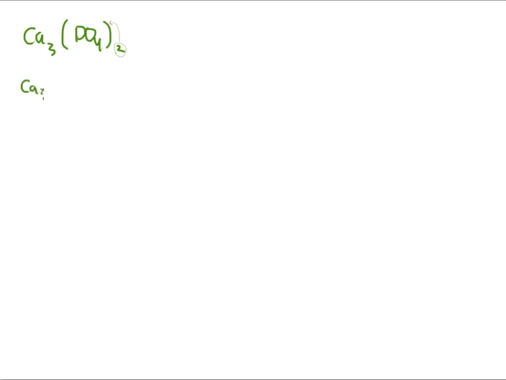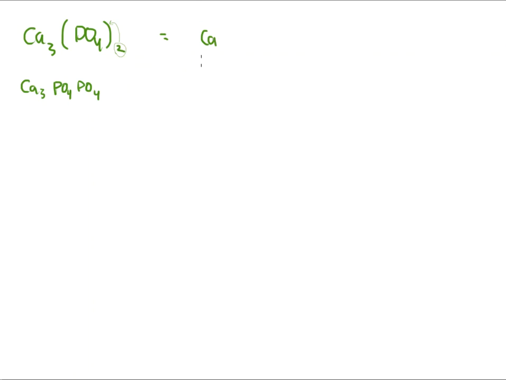So we have Ca3, and then we have a PO4 group. There's my first one. And then another PO4 group. There's my second, right? Then you can go from here, do the formula weights just like we've done before. Count them all out, multiply by the number, get the formula weights, you got it. However, we're going to do the shortcut method here. That's how I want you to follow me this time.